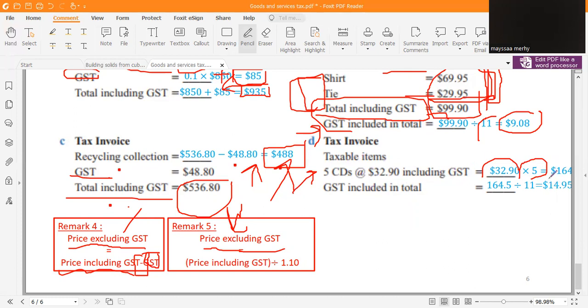So the price including GST for the total is equal to $164. So what is the GST included in the total? For the GST from the price including GST, we divide by 11. We will obtain as the total tax amount $14.95.